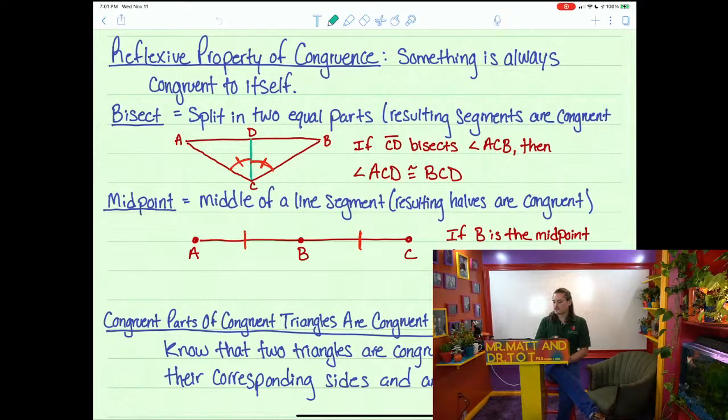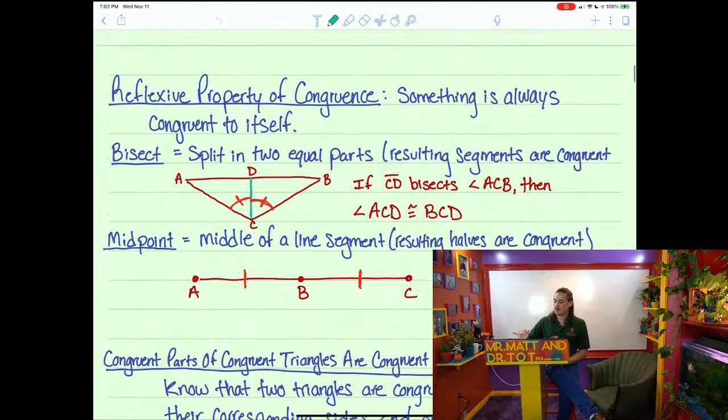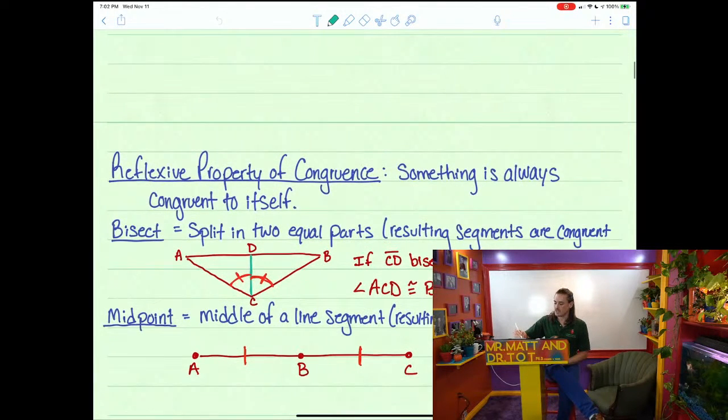But first off, let's talk about a few concepts that are going to be really important in our proofs. First off, the reflexive property of congruence. The reflexive property just merely says anytime that something shares a side or shares an angle, that something is always equal to itself. So that particularly comes up, for example, if we had a shape like this.